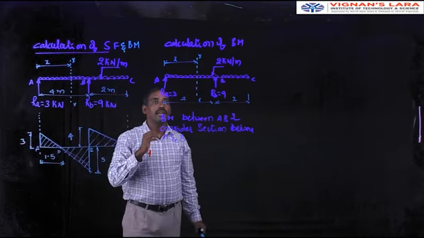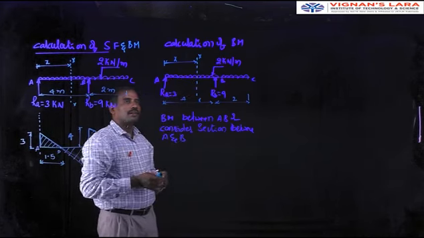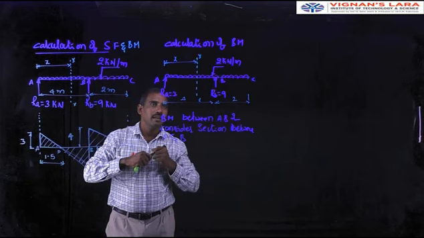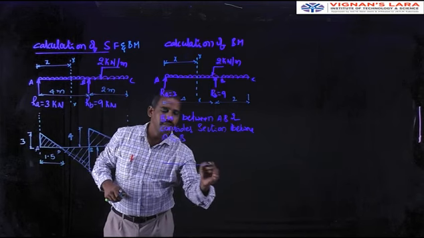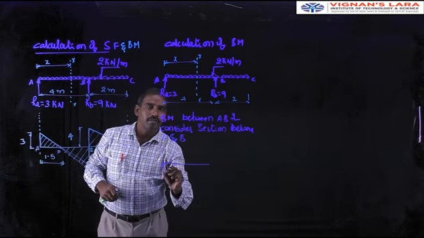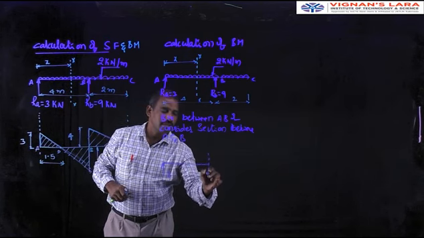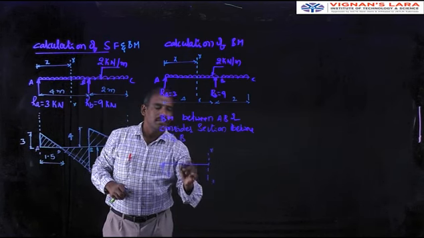For that, I would like to represent this portion again for better understanding. This is the RA, which is equal to 3. This is the section XX. So what about the total load?